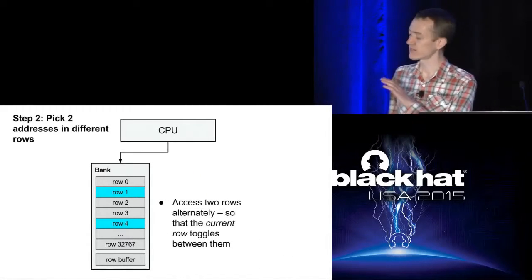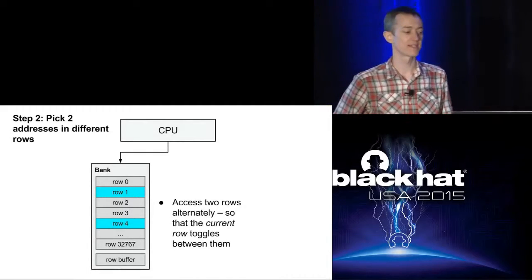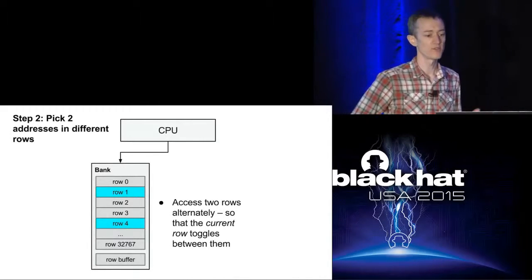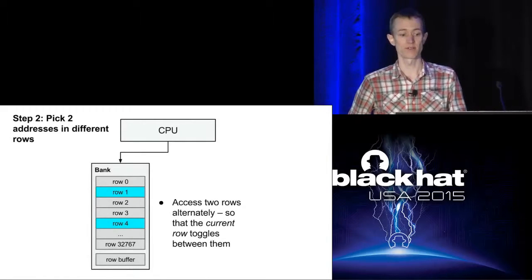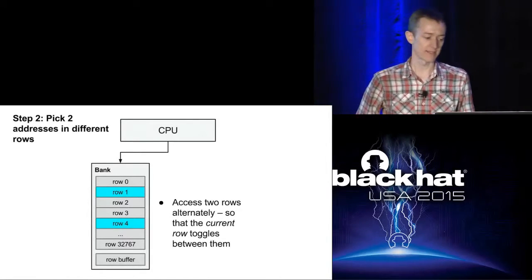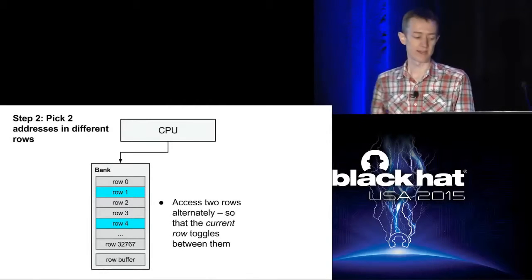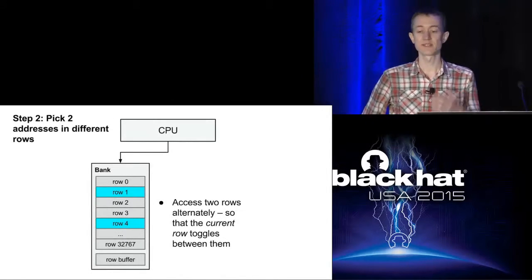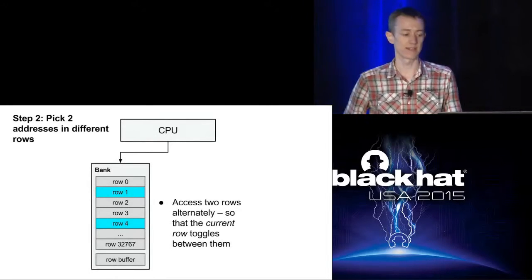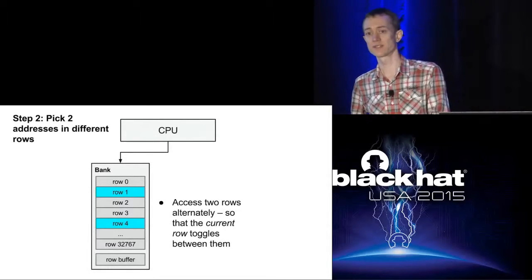However, if you do a CLFLUSHed access to a single address, that by itself is not going to do row hammering because those accesses will all go to the same row. So the second requirement is that to do row hammering, you have to pick at least 2 addresses in different rows and access them alternately. And that forces changes to the current row.